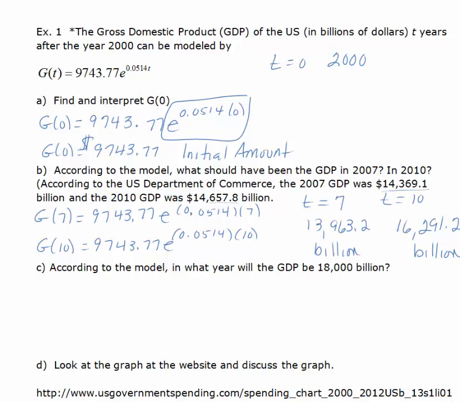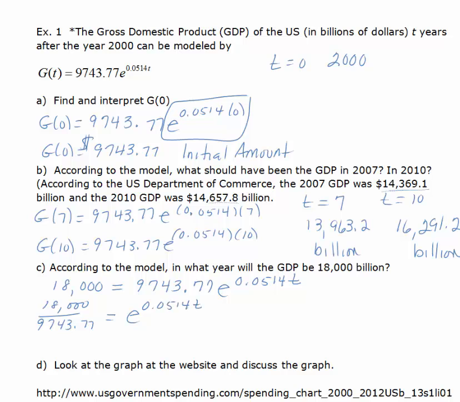If I know what the GDP is, that's my g of t, so it's going to be 18,000 equals 9743.77 e to the 0.0514 t. We're trying to solve for t, so we divide each side by 9743.77, so we get 18,000 divided by 9743.77 equals e to the 0.0514 t.